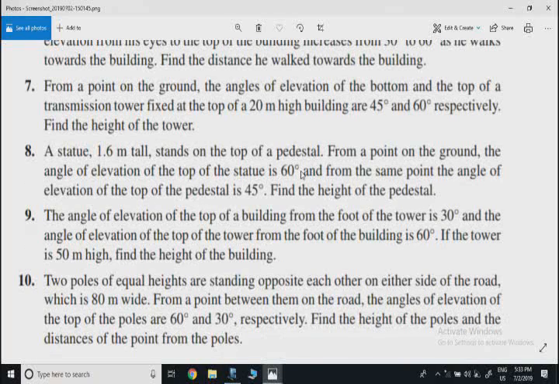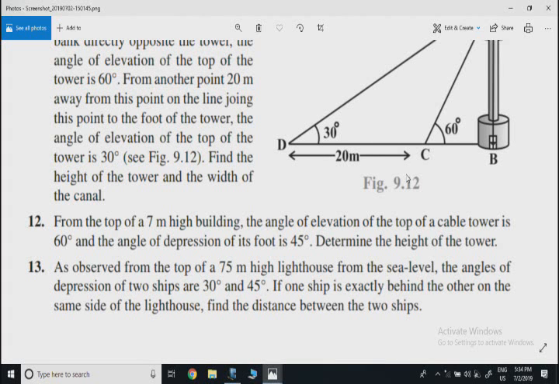Yes, Senapati. Okay, I will share this question number 7 solution.